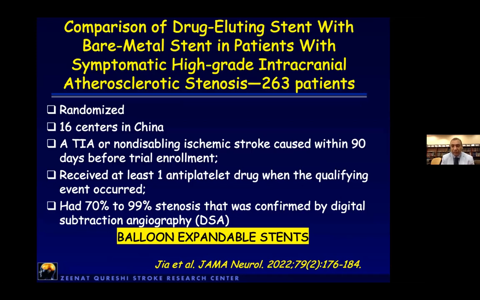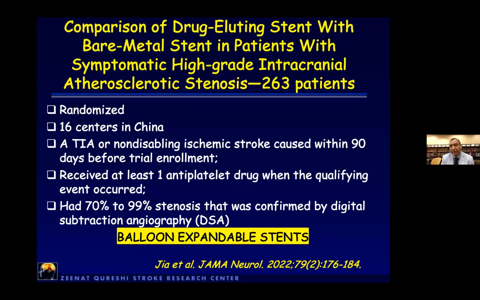So 263 patients were randomized in 16 centers in China. The patients obviously had to have a presentation like the new on-label FDA criteria. They had to have a transient ischemic attack or a non-disabling stroke within 30 days before trial enrollment.